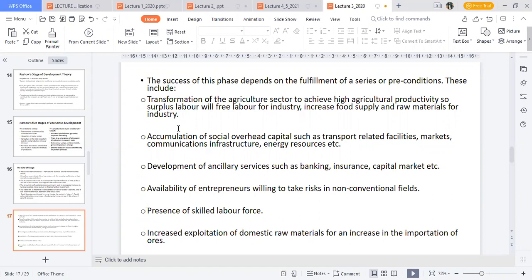These are some signs, the conditions you have to meet before you become a rapidly developing industrialized country. You have to have banks which provide what we call ancillary services. You have to get skilled people you are going to work with. You need to educate people.